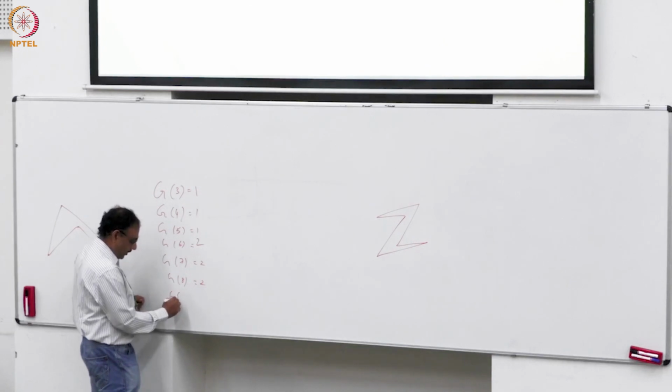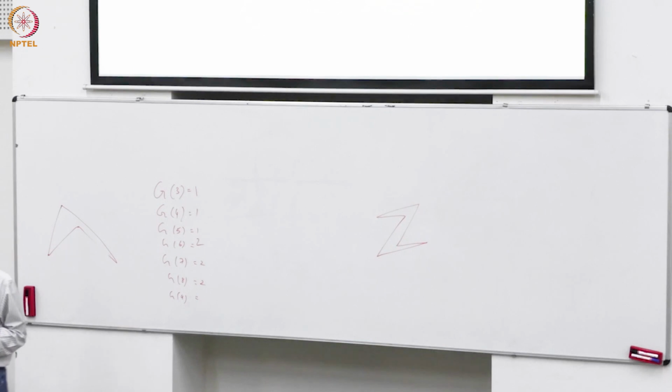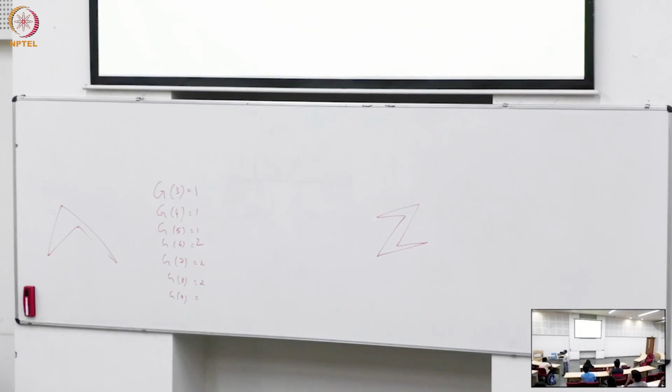What about G of 9? 2. So can you show that? G of 9 is also 2. Or is there any other configuration that may require more than 2?